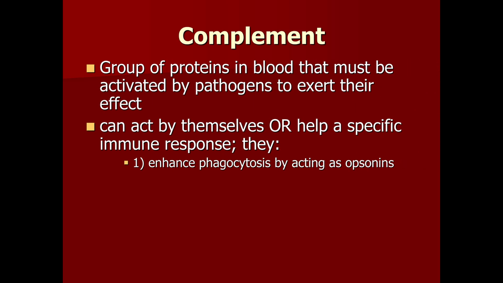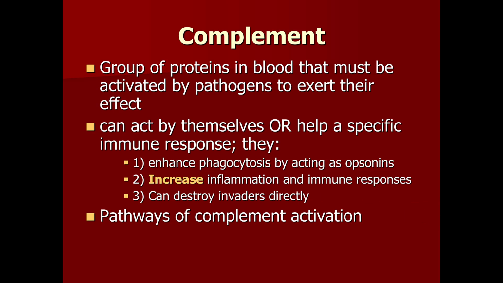Now the complement system is a huge set of proteins here, and they can act by themselves, or they can actually be activated by specific immune responses. Okay? So the complement proteins, when acting by themselves, can target phagocytosis by acting as what we call an opsonin. So opsonization is what your body does to a pathogenic invader.